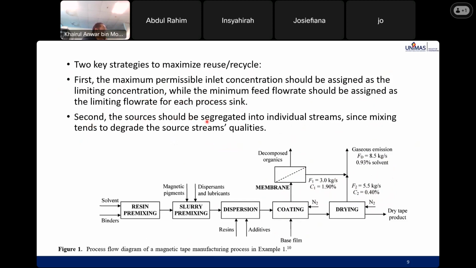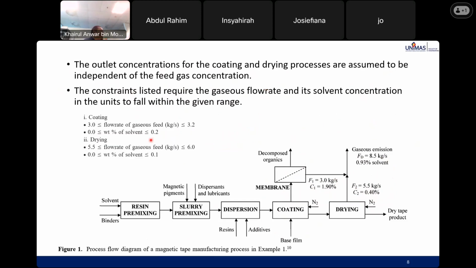Second, the sources should be segregated into individual streams, since mixing tends to degrade the source stream qualities. So from this second strategy, we have two streams of source. The maximum permissible inlet concentration refers back to this range.